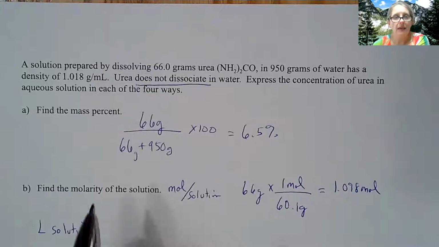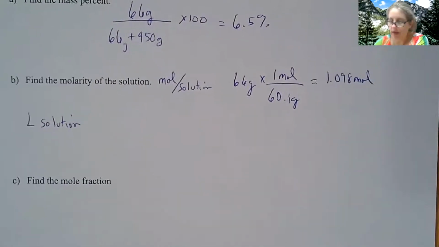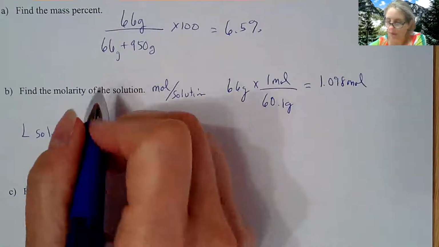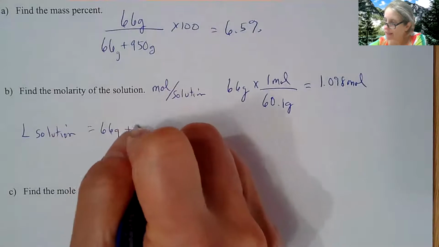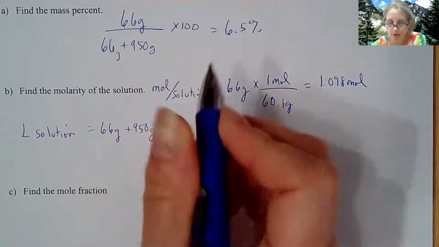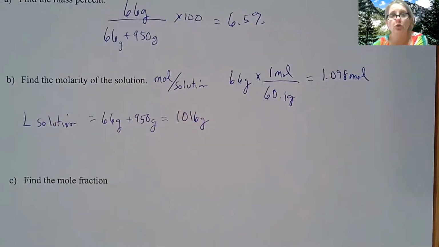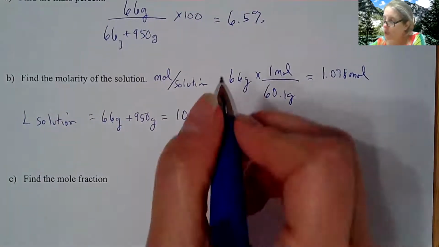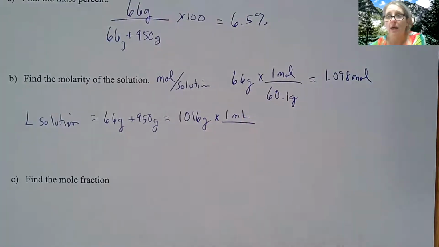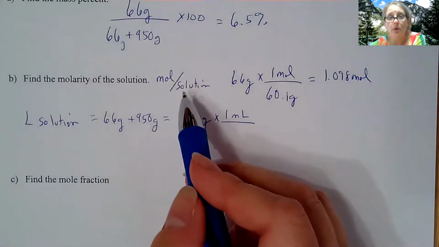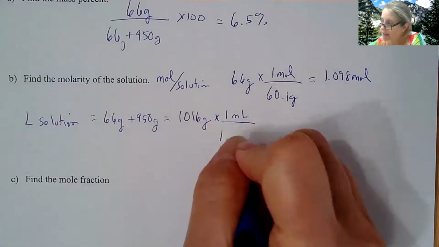So realize I gave you density, okay? Anytime you see density, you're going to have a calculation like this to think about. I'm taking 66 grams of urea and adding it to 950 grams of the water, so I have a total of 1,016 grams of the solution, all of it. Well, what can I do with that? If I need the liters to do moles over the solution, I need to use that density.